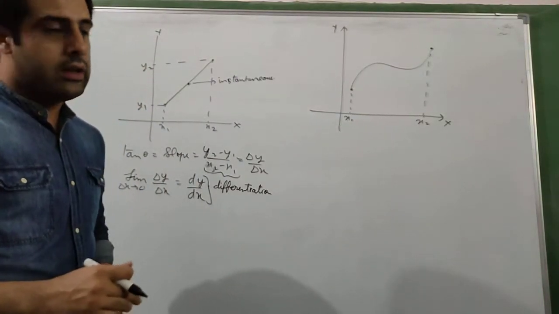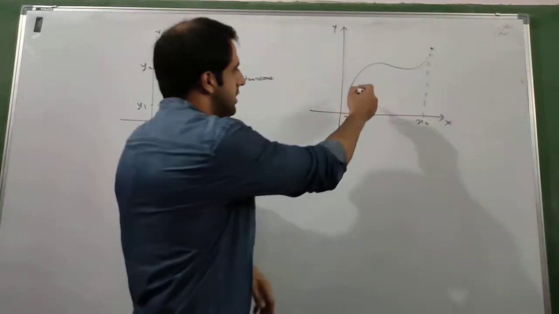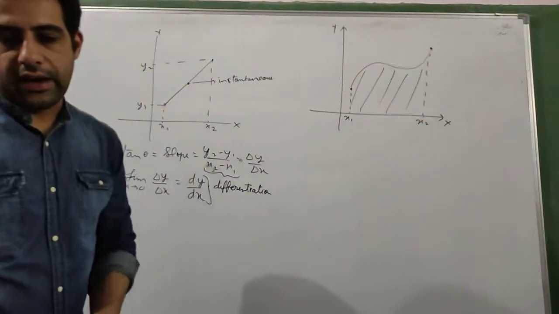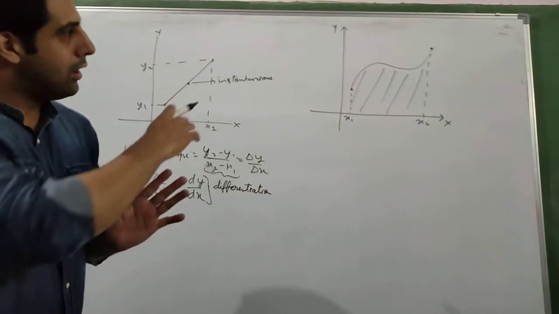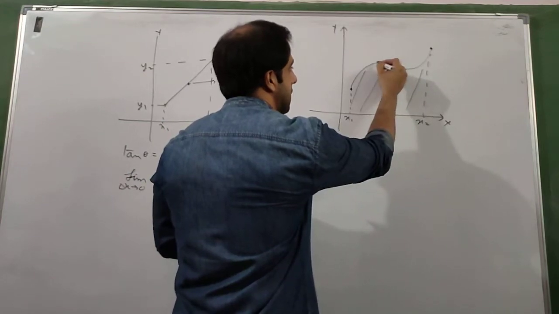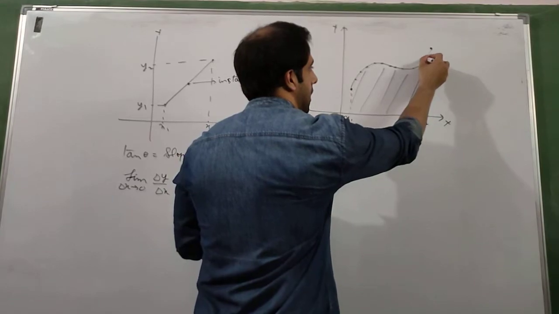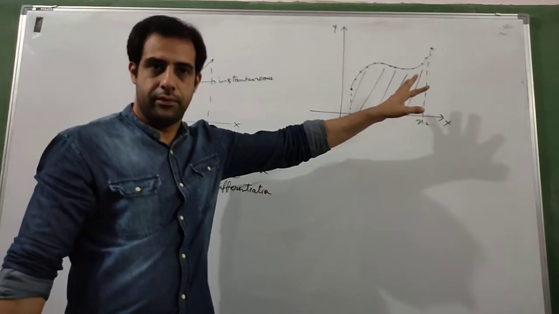Now suppose we need to find the area under this curve. Then we have to take all the points lying on this curve, and if we add all these points we will get the area.